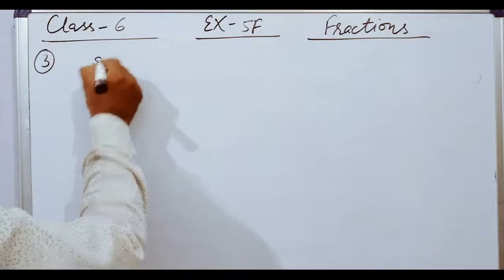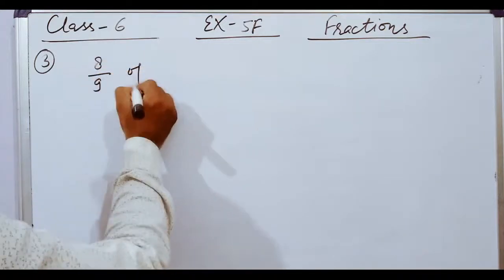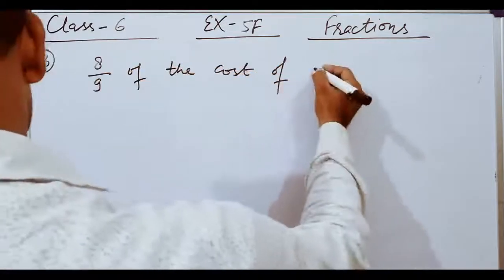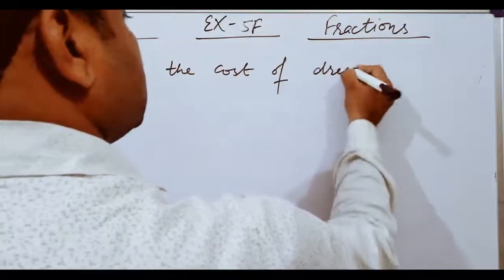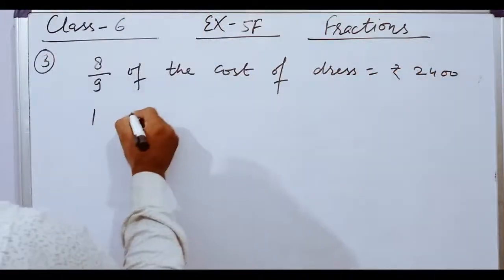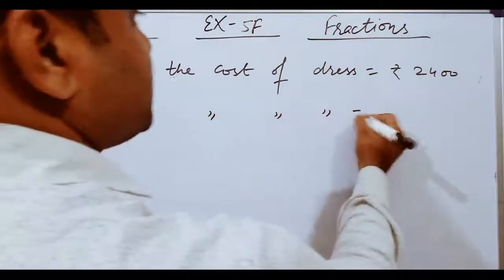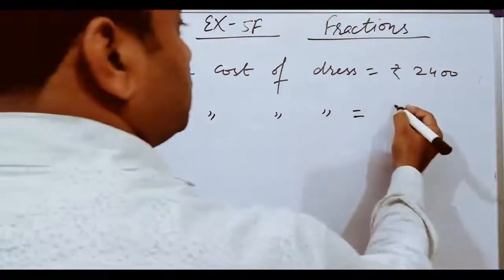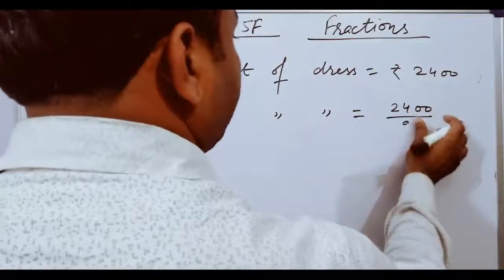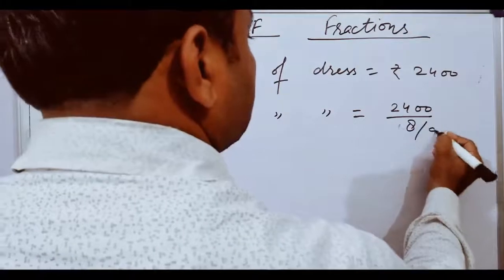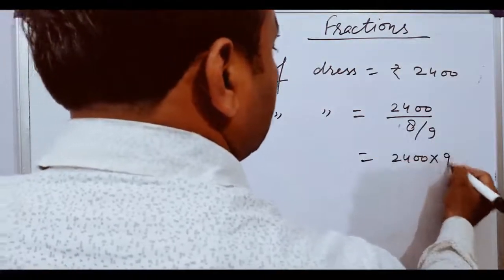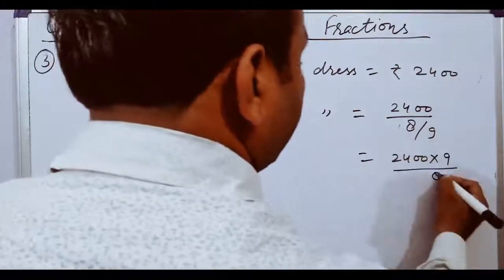So 8 upon 9 of the cost of dress equal to rupees 2400. 1 of the cost of dress equal to 2400 upon 8 upon 9, means 2400 into 9 will go up upon 8.